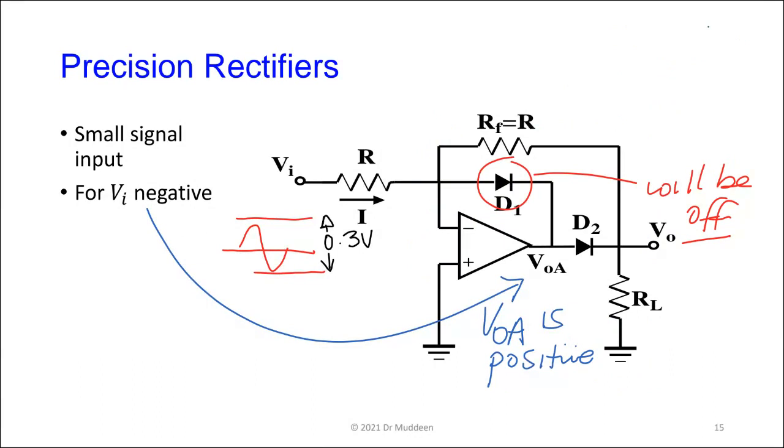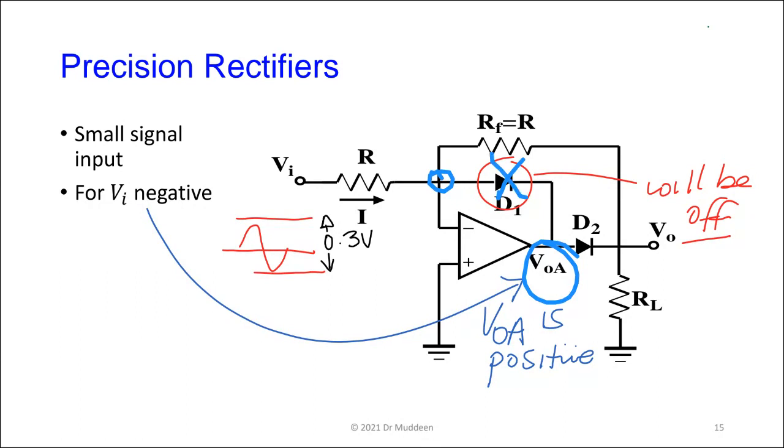So let's send Vn negative now and see what happens. If I send Vn negative by the same op amp operation that we saw, Vn goes negative, VOA here goes positive. If VOA goes positive, here is at 0, so this diode is off.